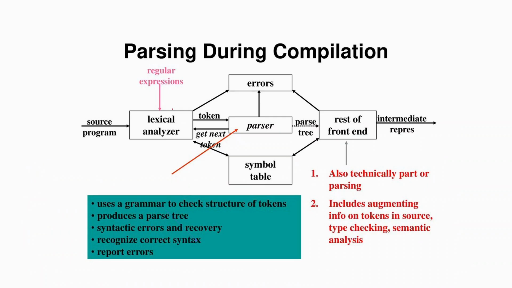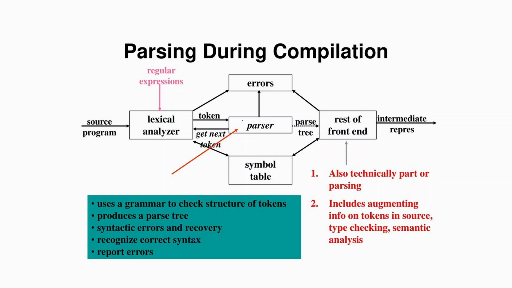This is the workflow of the parsing during the compilation. The first phase of the compiler design is the lexical analyzer, which will convert the source code into tokens in terms of regular expressions. Now the second phase is the parser, which gets the input as tokens from the lexical analyzer, and it will create the parse tree.